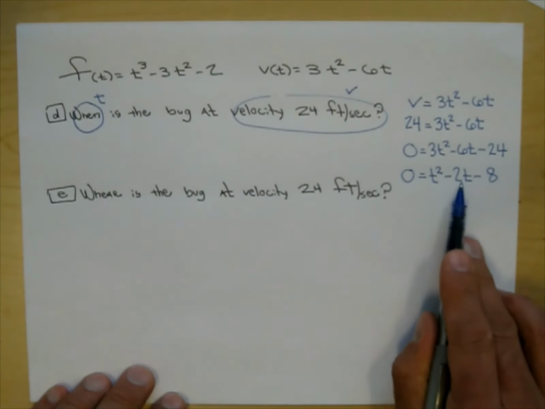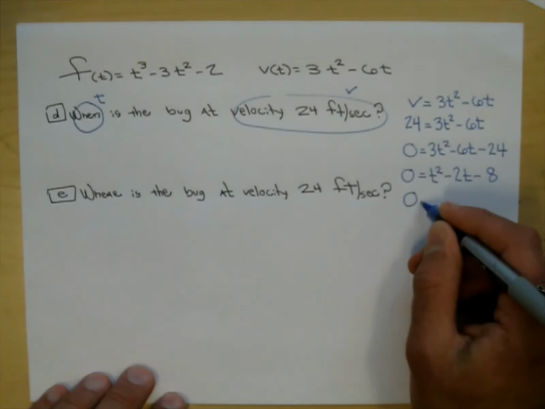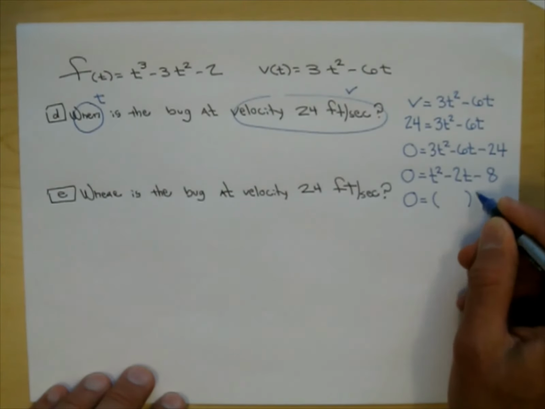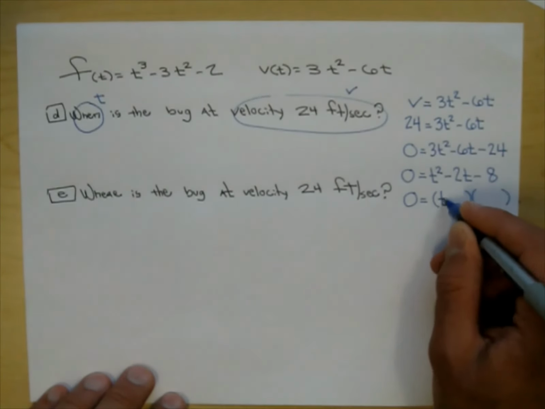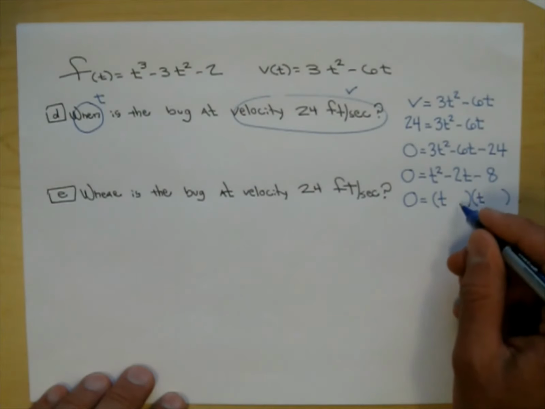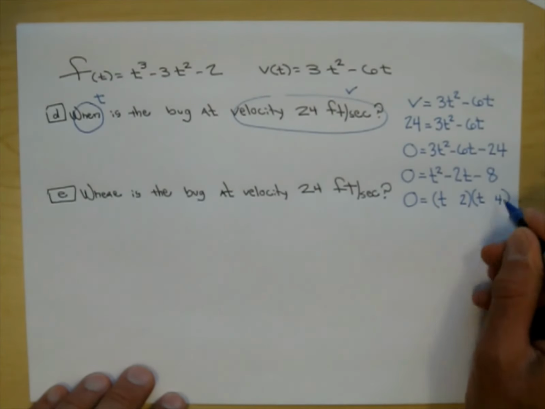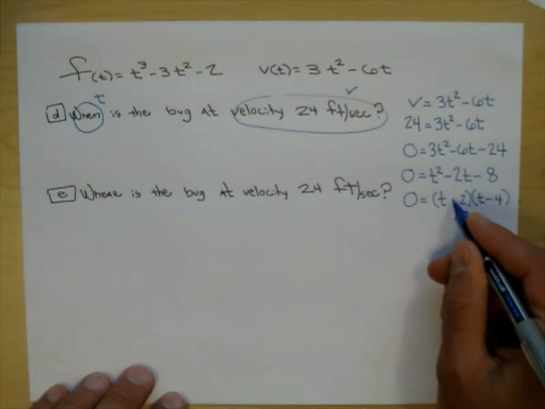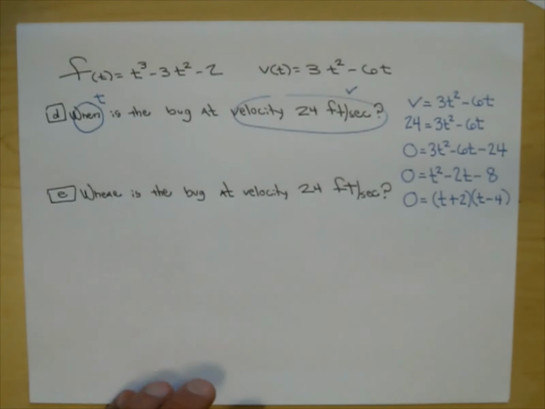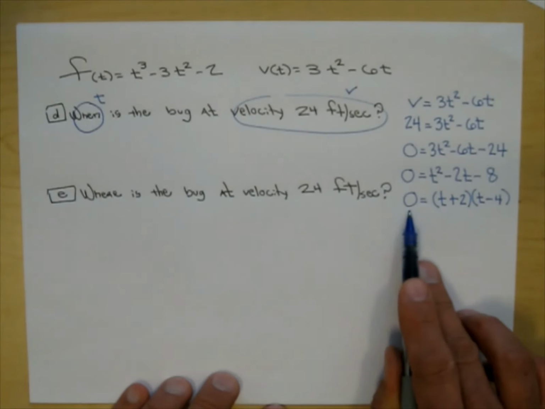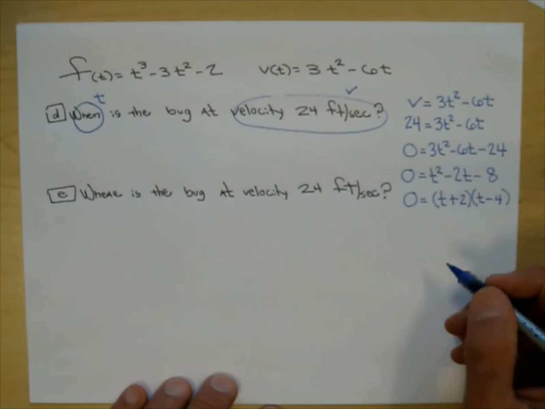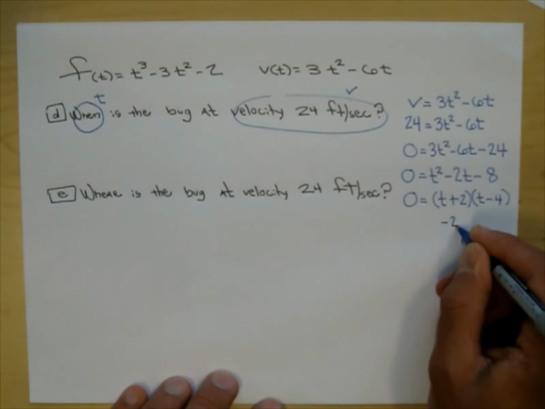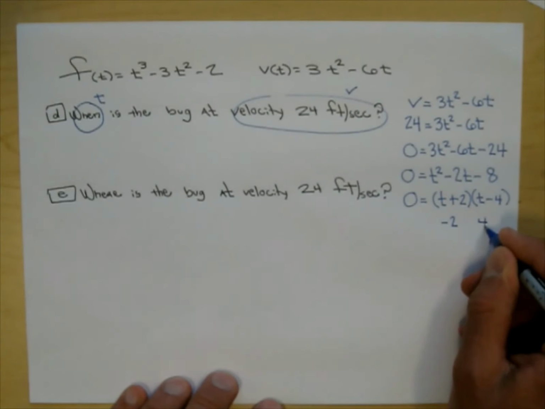Factors of 8 that subtracting give you 2. I believe we can do that. So this will factor. Factors of 8 that have a difference of 2 would be 2 and 4, and we want a negative 2, so negative 4, positive 2. I set each of those factors equal to 0, and I get the time of negative 2 and the time of 4.